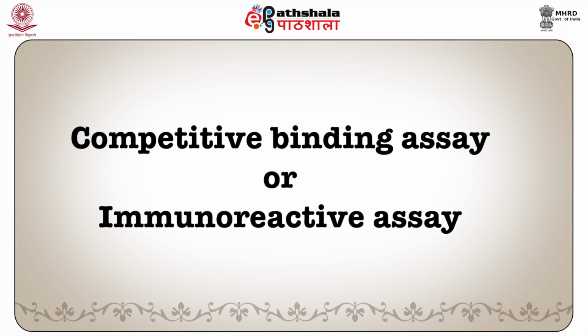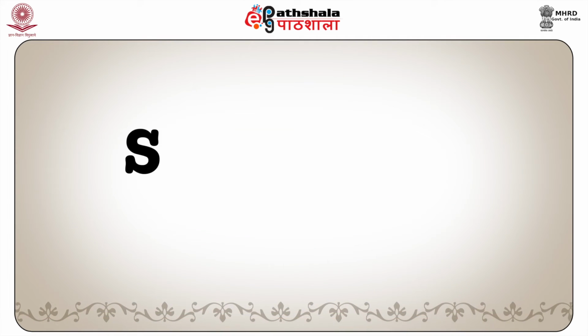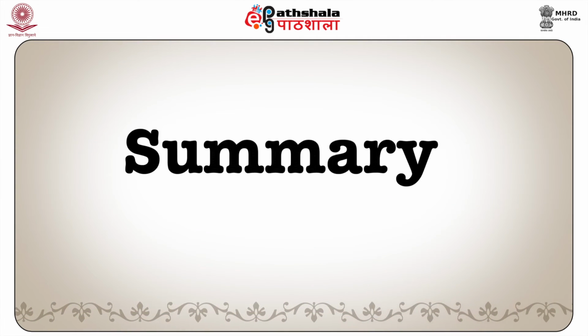It includes radioimmunoassay or RIA, enzyme immunoassay or better known as EIA, fluorescent polarization immunoassay or FPIA, and lastly the immunoturbidimetric assay. Now students, let us summarize this module.